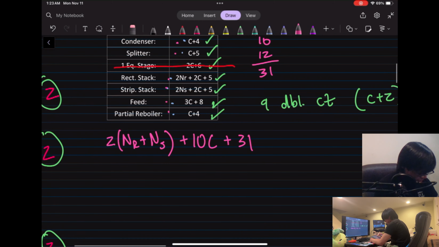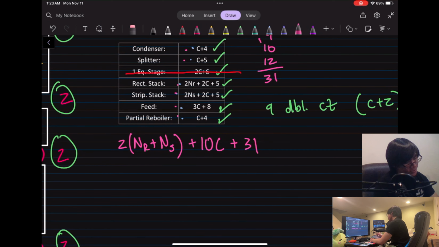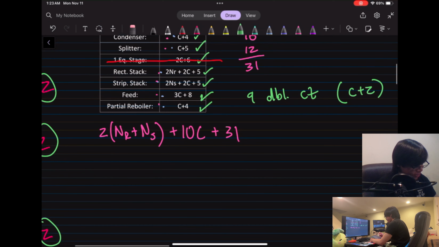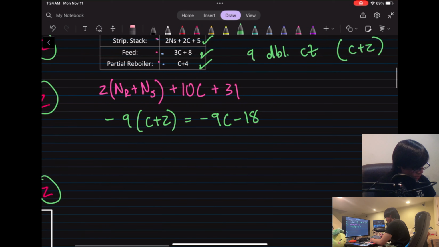Okay, and now we have our number of unknowns. So now we just subtract, honestly, right there. Subtract away our double counted streams. We have 9 C plus 2, which is minus 9 C minus 18. So we keep our number of stages.